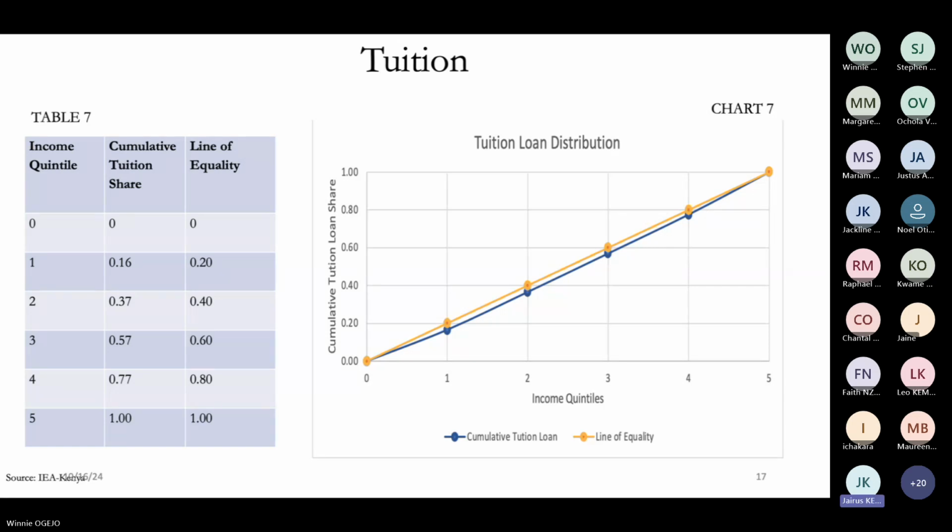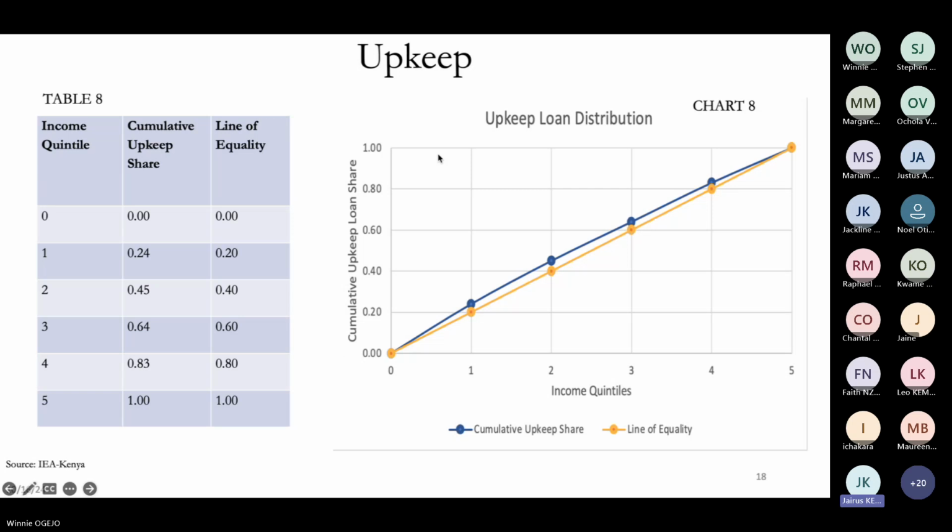Now, we are turning to the last item, that is the upkeep component. And as the first speaker explained to us, this is an amount that students receive for their daily living expenses, such as accommodation, stationery, and food.